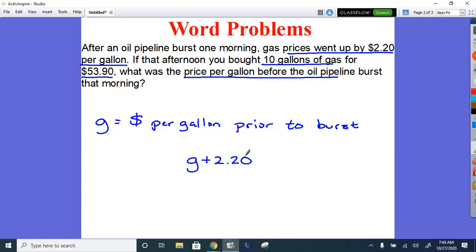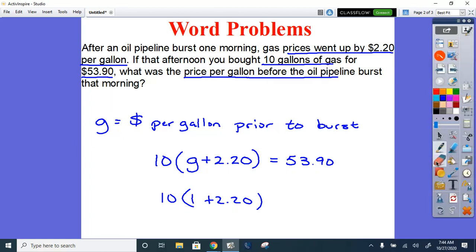Now I also know that my total is going to be equal to $53.90, but then what happened to this? So imagine the gas was just $1 and you added $2.20 to it. We would take that value and multiply it by 10 for the 10 gallons of gas we bought. You see what happens? I'm going to group these together, and now it actually becomes using the distributive property. And then I can solve this as well.